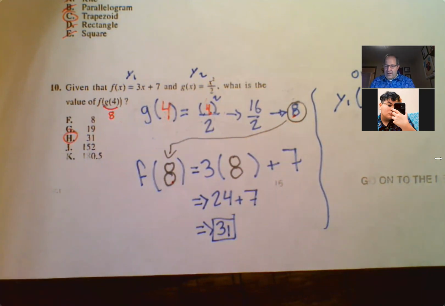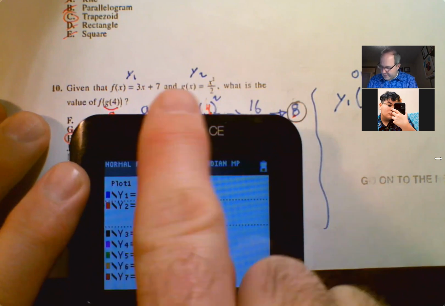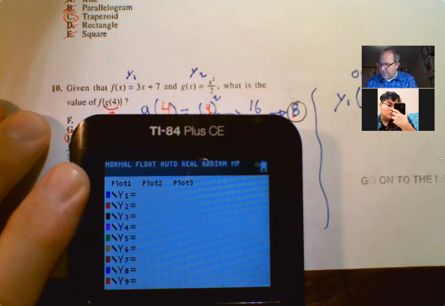Now, there is a way to do this on your calculator, okay? What you could do is inside of y1, I could type in 3x plus 7.